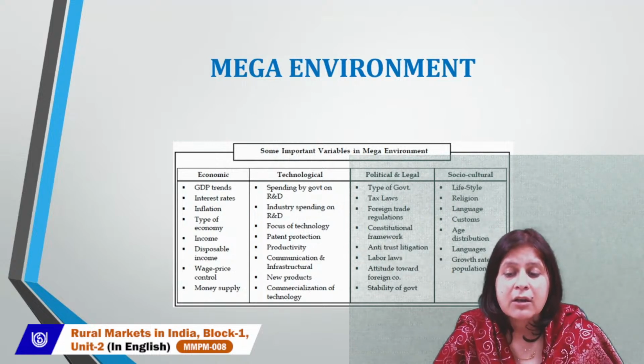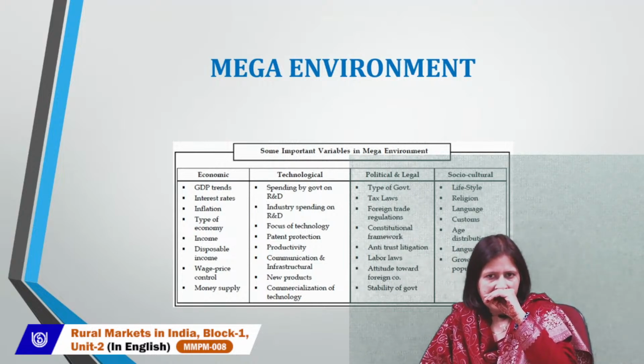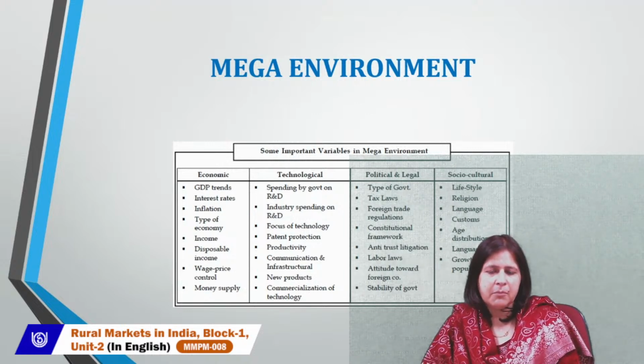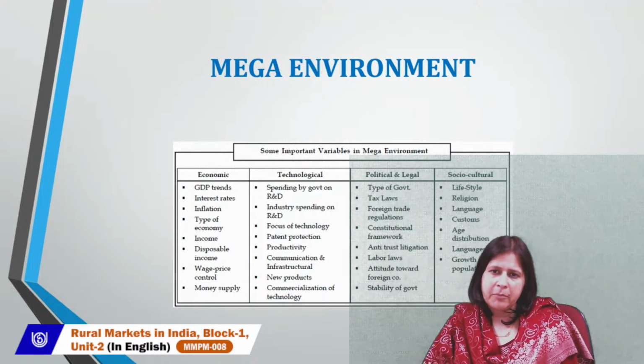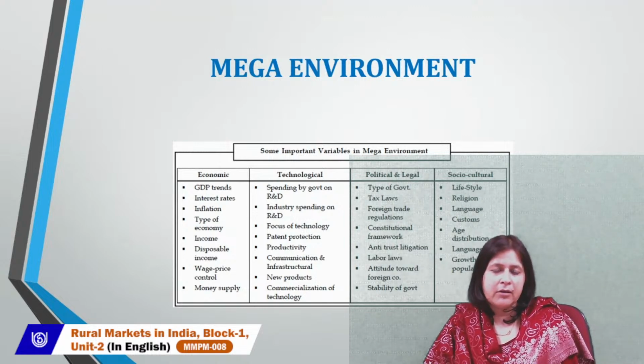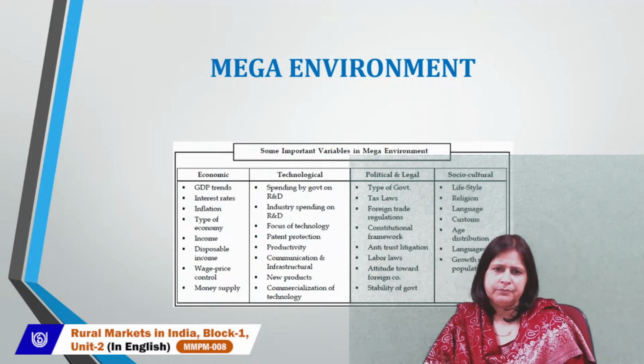Then comes the growth rate of the population, at which rate the population grows. It plays a very important role, right? So all these are the mega environment, or the external environment, and play a very important role in the rural environment, or any environment.